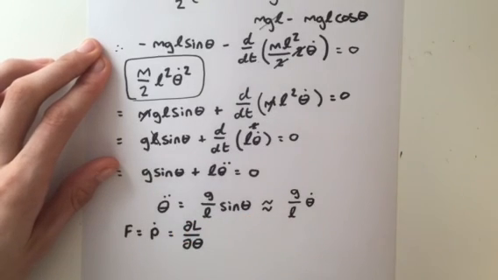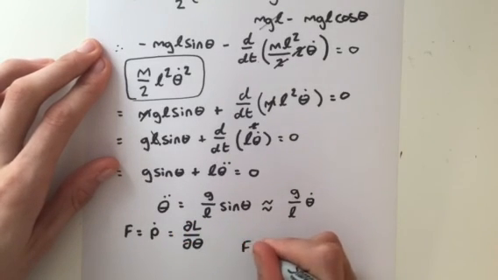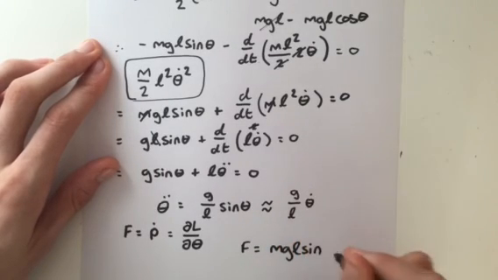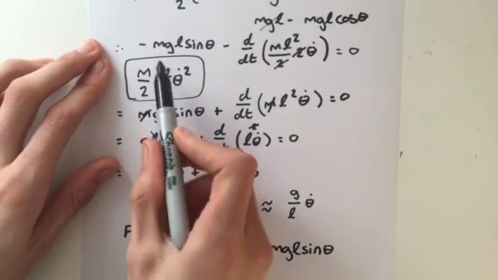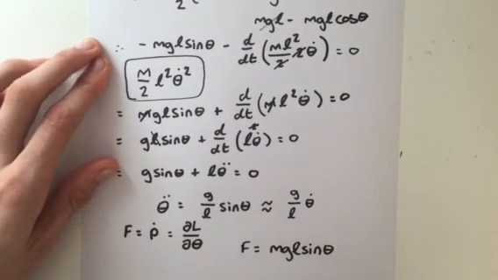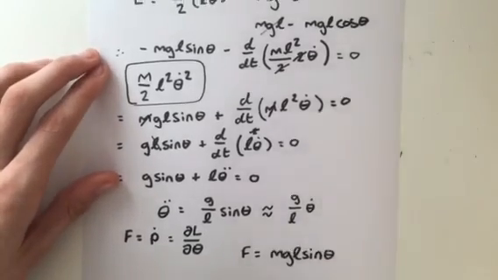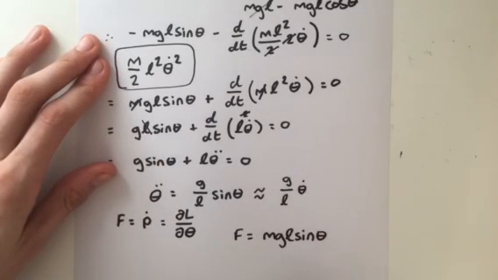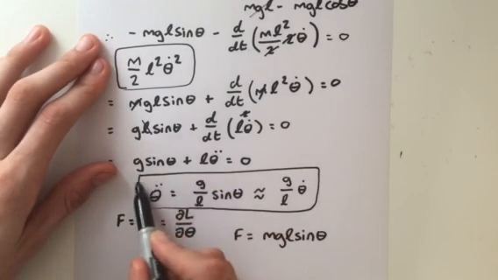So if we do this quickly, we get the force is going to equal mgl sine theta. So it's basically this part that we did, and that's the force, okay, acting on the mass as it swings. Yeah, so there is the equations of motion for a simple pendulum.